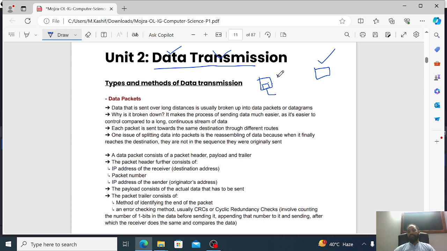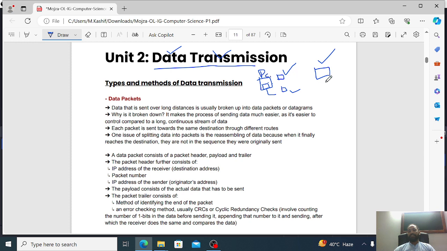So here is a small part of data. I'm going to draw it. My whole file is broken down into small pieces of data. Each small piece of data is called a data packet. Now the data packets are moving from this device, PC1, to PC2.